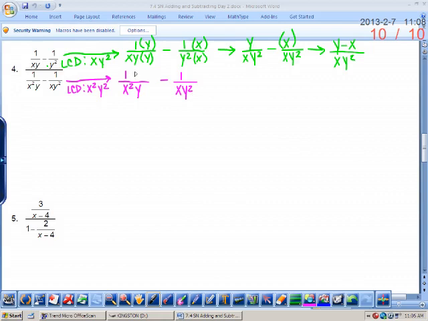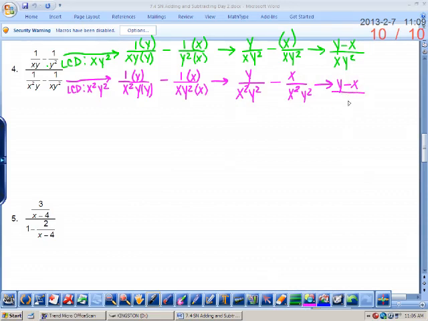Y. And what about the second one? So we get y over x squared, y squared, minus, or sorry, that y should be on top. Minus x over x squared, y squared, which gives me what? Great.